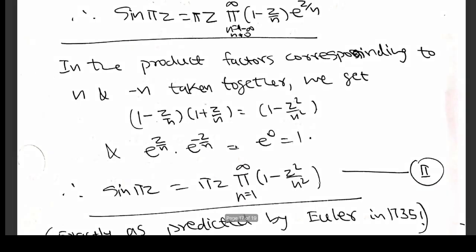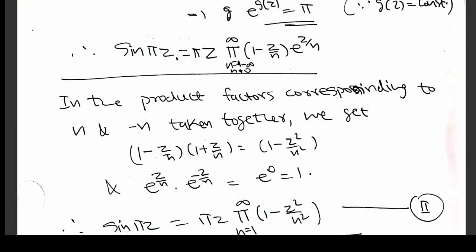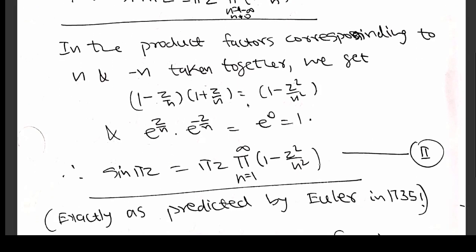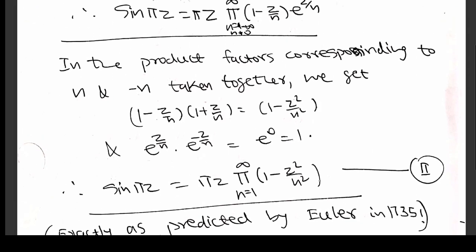Now a simple computation will tell you that e raised to g(z) is pi. So for sin(pi z), you have this representation, pi z into a product of this. Now sin(pi z) by pi z will be a product of this again. Now what happens? This is an infinite product where you are not taking n equals 0. All other negative terms and positive terms will come.